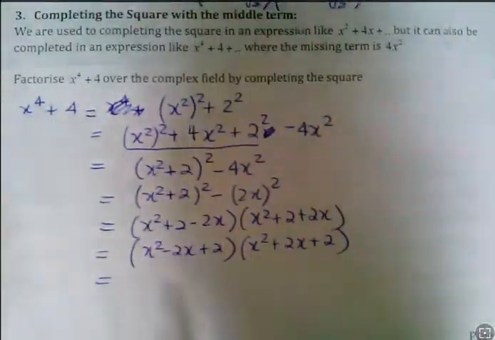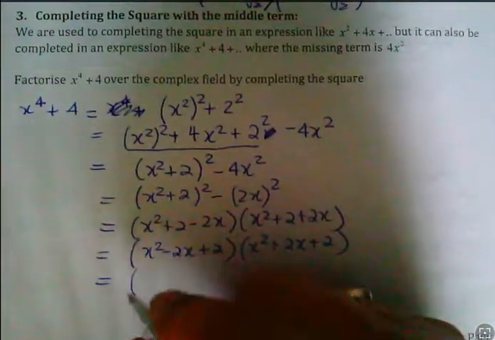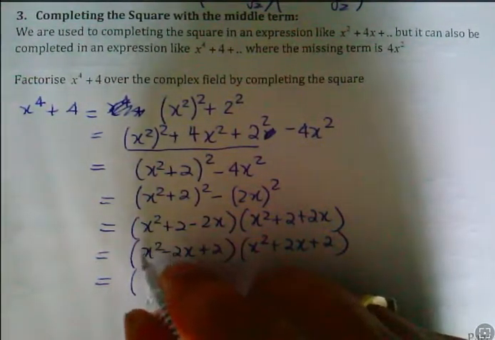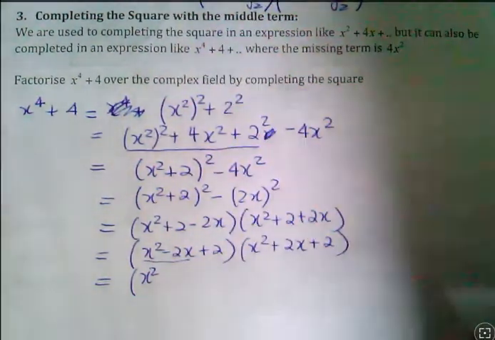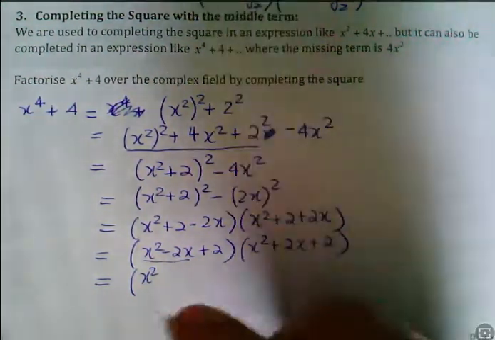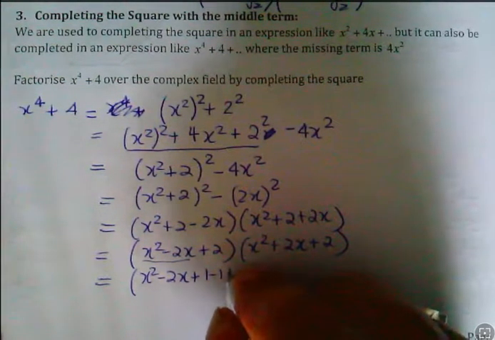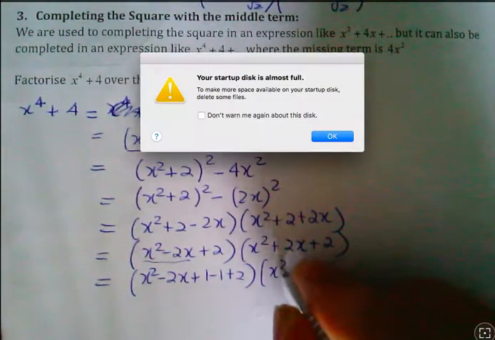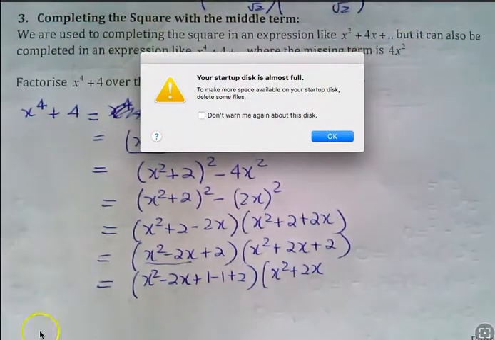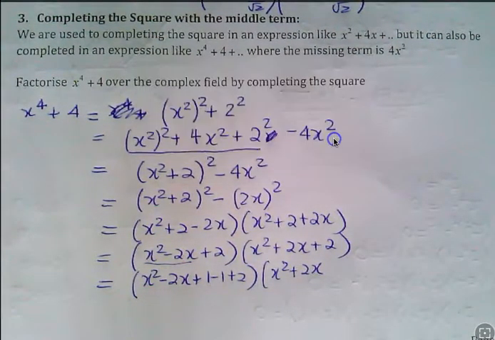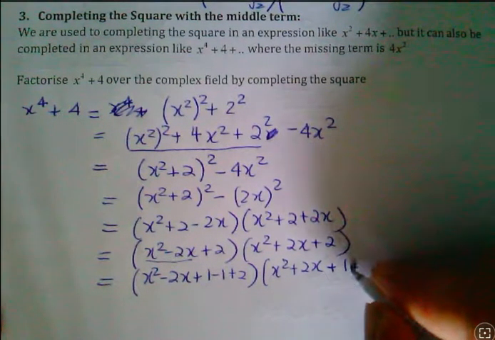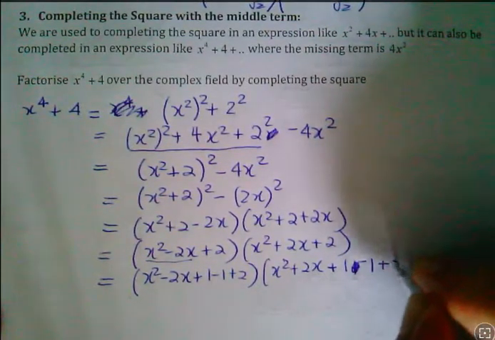Now I can complete the squares on these as well. So to complete the square on the first two terms, I halve the 2, which is 1, so I add 1. So I've got x squared minus 2x plus 1 minus 1 plus 2. And here as well, x squared plus 2x plus 1 minus 1 plus 2.